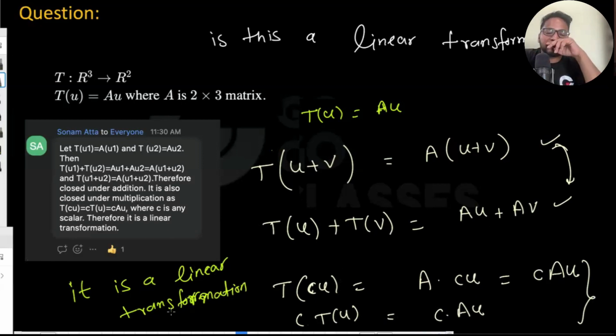Okay. So if you multiply by a matrix, then it is a linear transformation. It is a very important thing to note that matrix multiplication is a linear transformation.